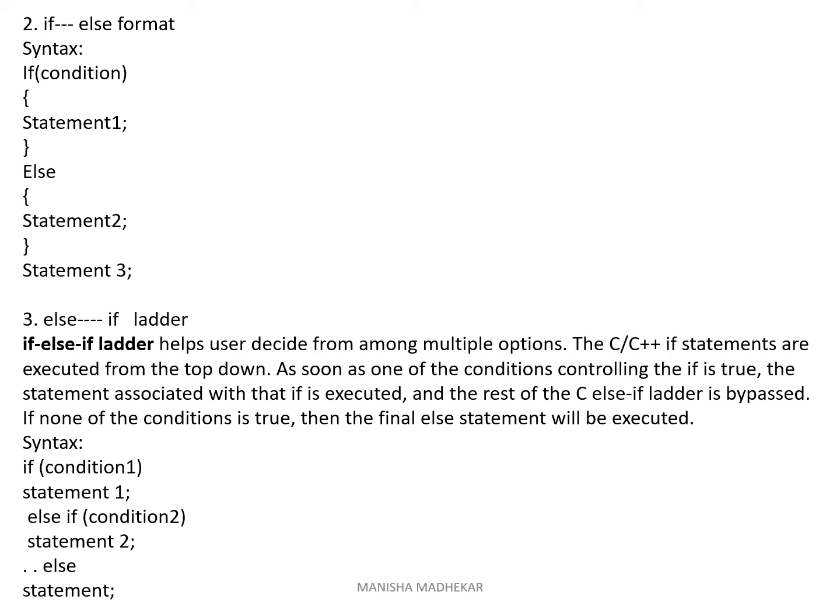The C++ if statements are executed from the top down. As soon as one of the conditions controlling the if is true, the statement associated with that is executed, and the rest of the else if ladder is bypassed. If none of the conditions is true, then the final else statement will be executed. If condition 1, statement 1, else if condition 2, statement 2, up to the else statement.